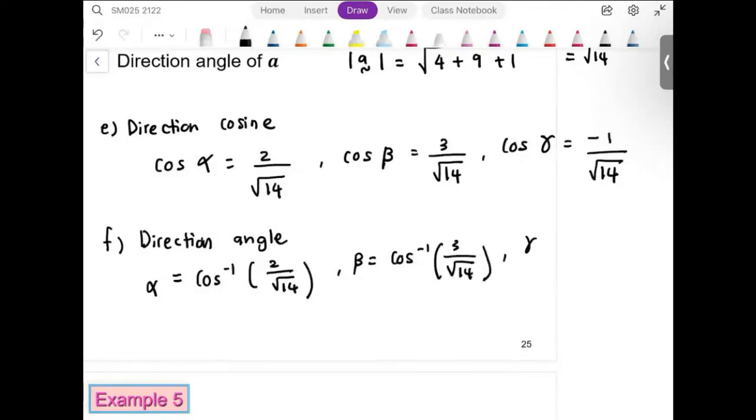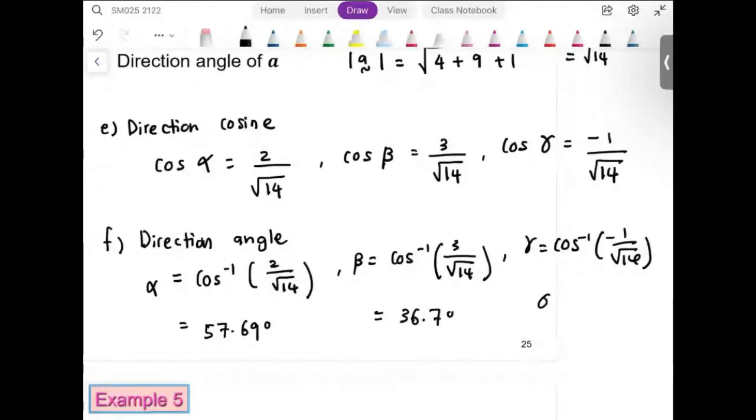And then for gamma, arc cos negative 1 over root 14. Lepas tu tekan je lah calculator satu-satu. So alpha you should get 57.69. And then beta would be 36.7. Last one gamma. Because it's negative, confirm dia jadi obtuse. So 105.5.